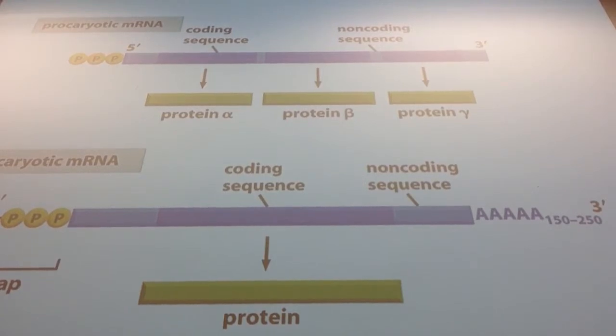The unique thing about capping is, number one, that the addition of the nucleotide is to the 5' end, which is the only time when nucleotides are added to the 5' end of a nucleic acid. Number two, the addition is a 5' to 5' interaction, instead of a 3' to 5' interaction to form a phosphodiester bond.